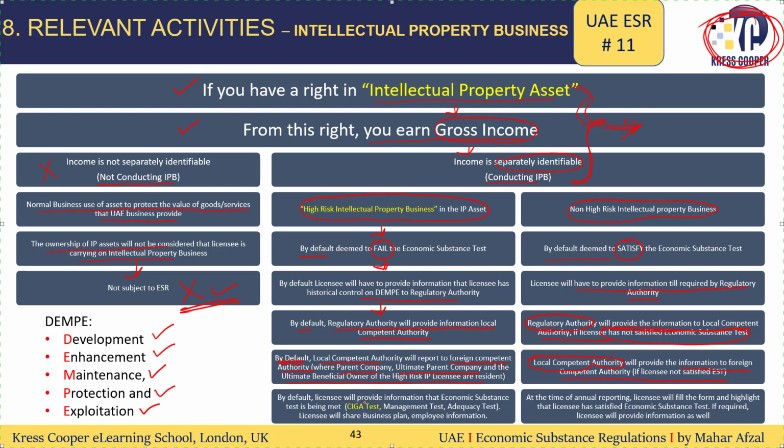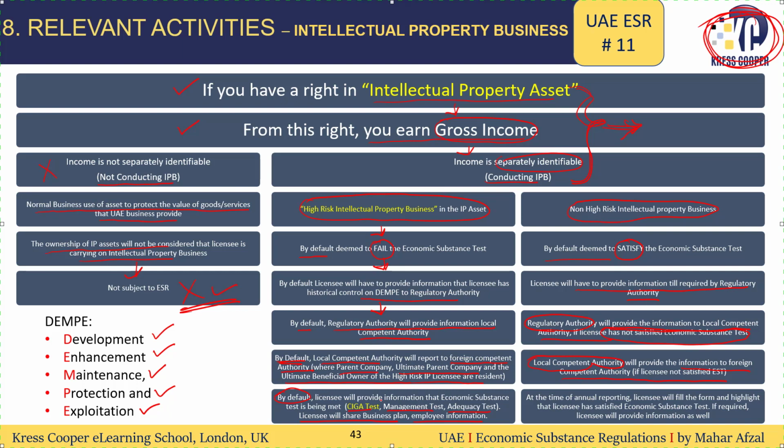In case of high risk intellectual property business, the licensee by default will be required to provide the information to the regulatory authority that the licensee has satisfied the SIGA test, management test and adequacy test. For this purpose, the licensee will share the business plan, provide employee information, prove that SIGA activities have been carried out in UAE, and prove that there are adequate expenditures in UAE.